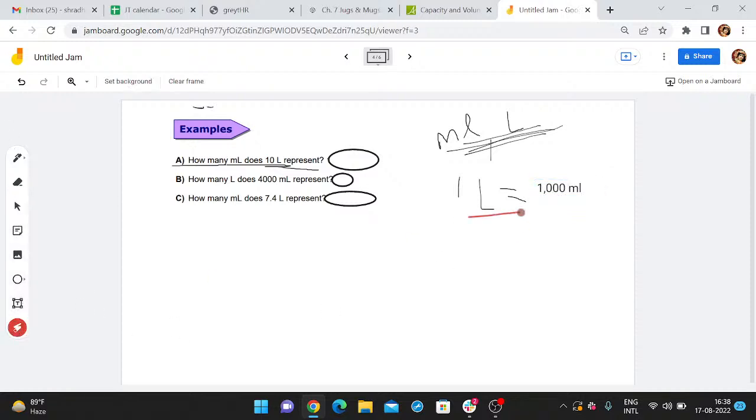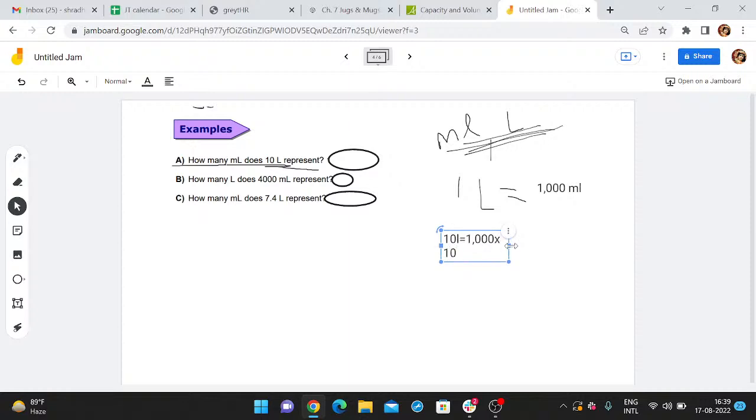So we know that 1 liter is 1000 milliliters. If we talk about 10 liters, now instead of 1 we are writing 10. That means we are making 1 liter 10 times bigger. So 10 liters is going to be 1000 times 10.